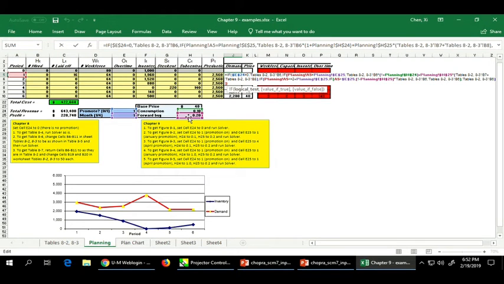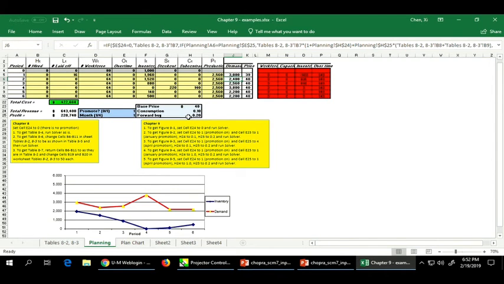Alright, so in this case, the demand for January is equal to, initially January demand is 1600, and because there is a promotion in January, we have a consumption increase effect.